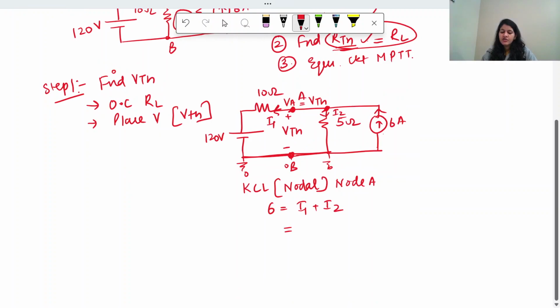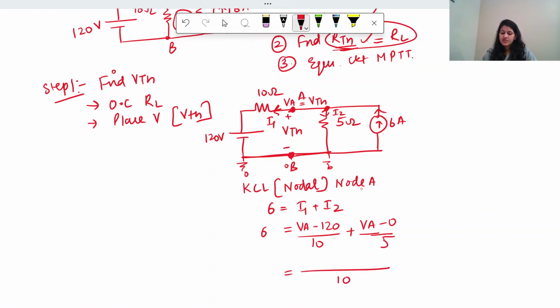So what's the value of I1? I1 is (VA minus 120) by 10. What is the value of I2? It is (VA or VTH minus 0) by 5, right? So this is 6. Let's take the least common factor. This is 6. This is 2 VA.